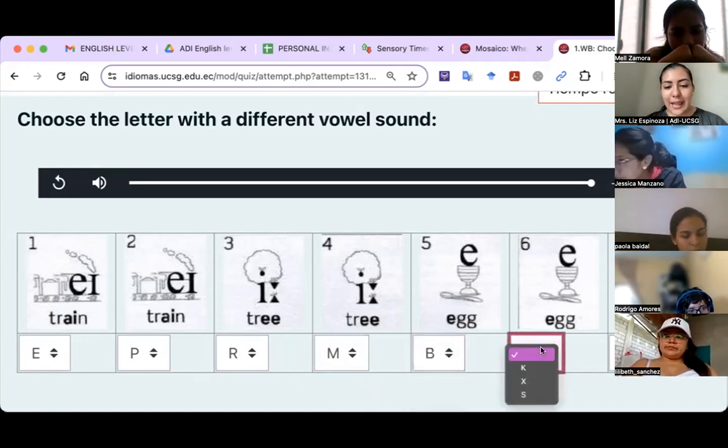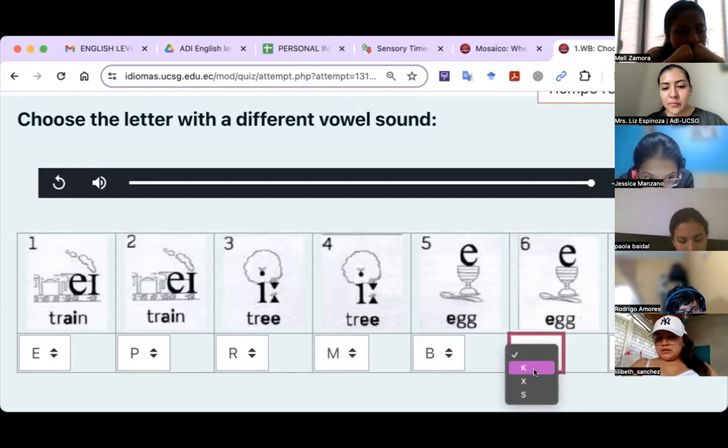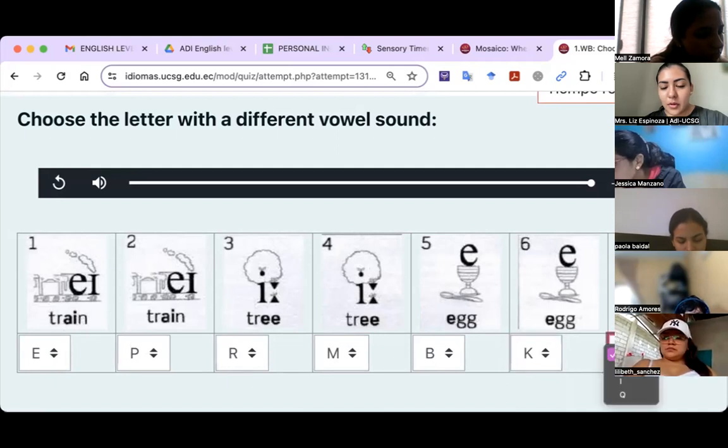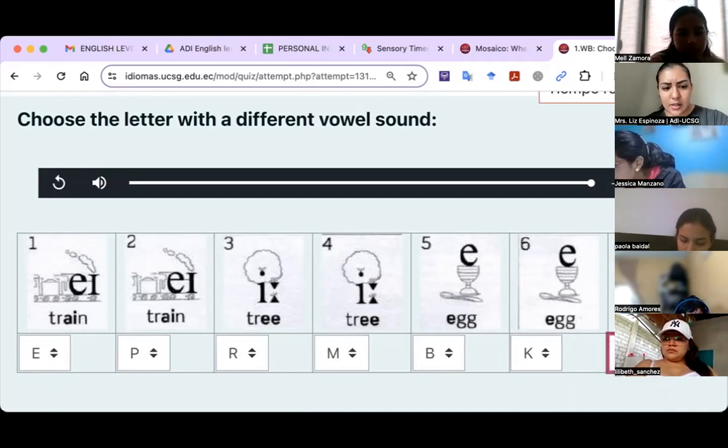Egg, we have K, X, S. K. K. Then for boot, we have U, Y, or U. Let me see. Yes, those are the ones that we have. Uh-oh, I cannot see the options now.